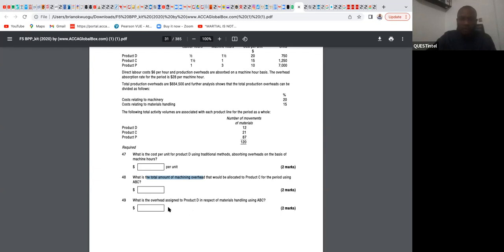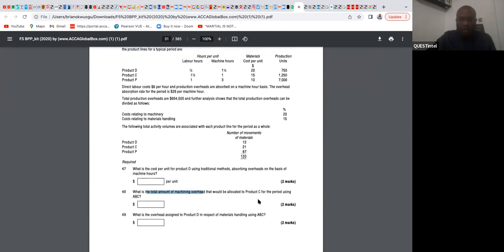Okay, so how do we do this now? We'll do our cost driver rate again. Our budgeted overhead for material handling is 15% of the total. That's our budgeted overhead divided by the level of activity. The level of activity in this case is this plus this plus this, which is 120.